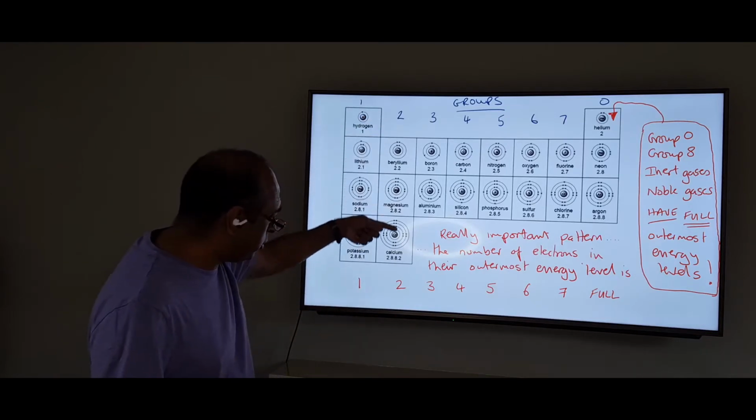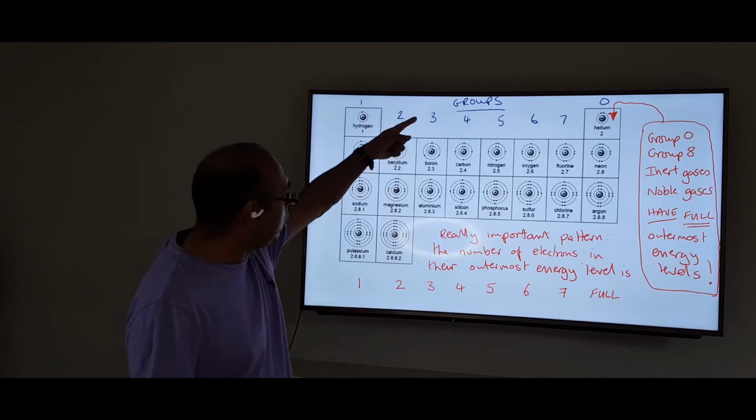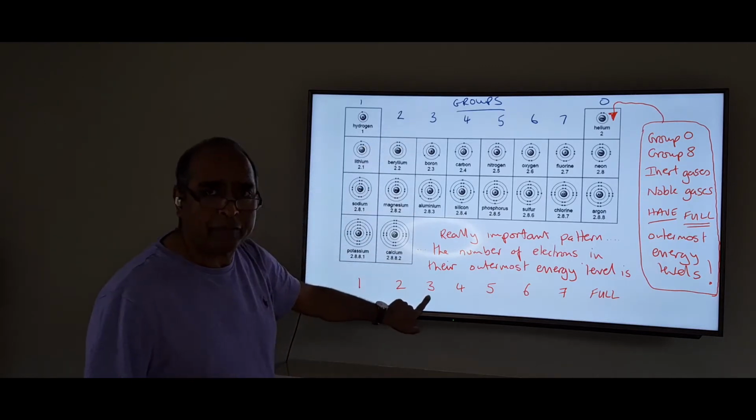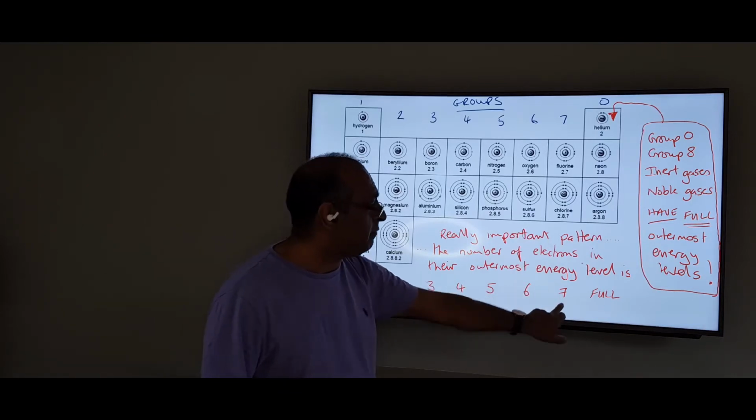All of those group 2 have 2 electrons in the outermost energy level. All of those in group 3 have 3 electrons. Group 4 have 4, group 5 have 5, group 6 have 6, group 7 have 7.